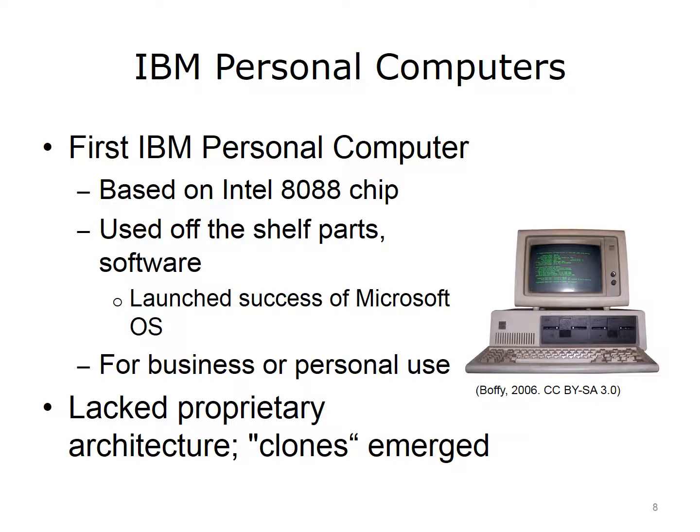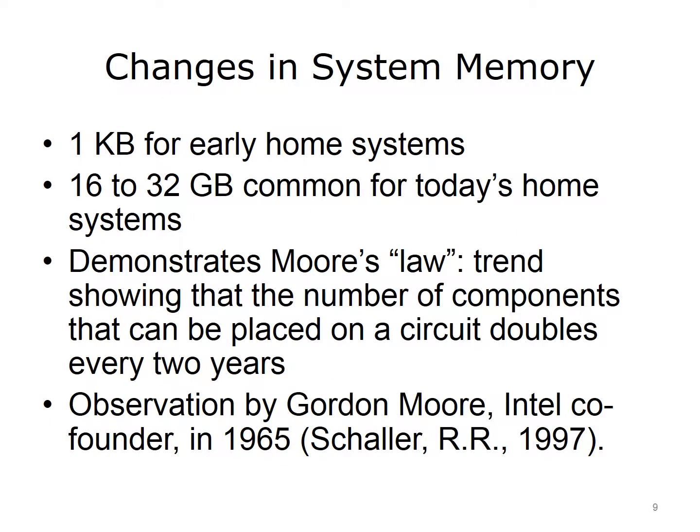Another major change in computer technology over time is the amount of internal system memory. Early home systems might have had approximately 1 kilobyte of system memory. Today, 16 to 32 gigabytes is common. That is an increase of several million-fold from the systems of the 1970s.